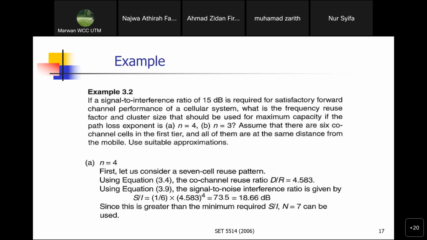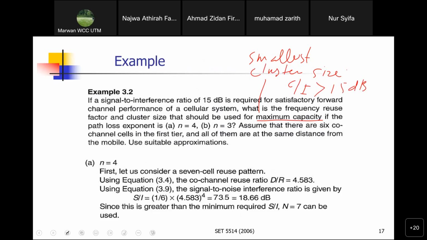So when you say maximum capacity, what does it mean? It means the smallest cluster size, the smallest cluster size that gives you C over I bigger than 15 dB.